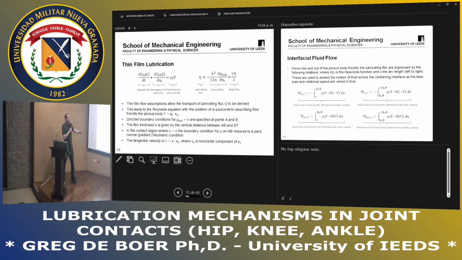On the right-hand side, you'll see an equation for this parameter Q, which is our lubricating flux. And this depends upon H, okay? And H is the separation of the two bodies, so of the poroelastic material and the impermeable surface. And again, you can see that that also includes this value U, which is the rotation, the tangential velocity, that's the word, of the material in the interface.